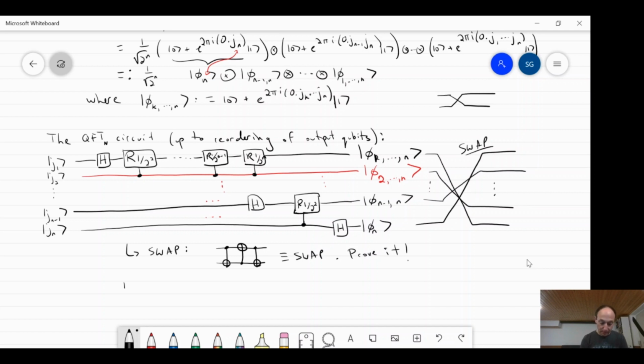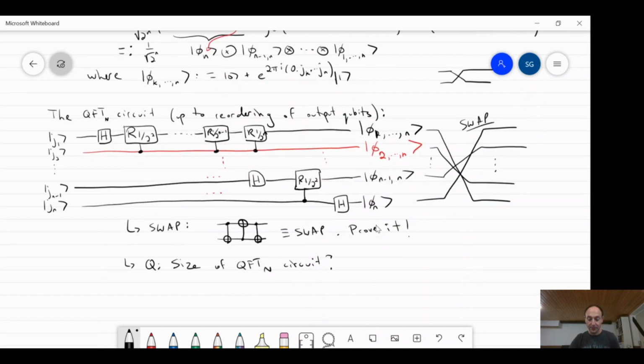Okay. So a natural question, of course, is what is the size of the QFT circuit? I'll get you started. I'm going to also leave this as an exercise, but it's kind of cute. You very clearly see the pattern, it's a very simple pattern.